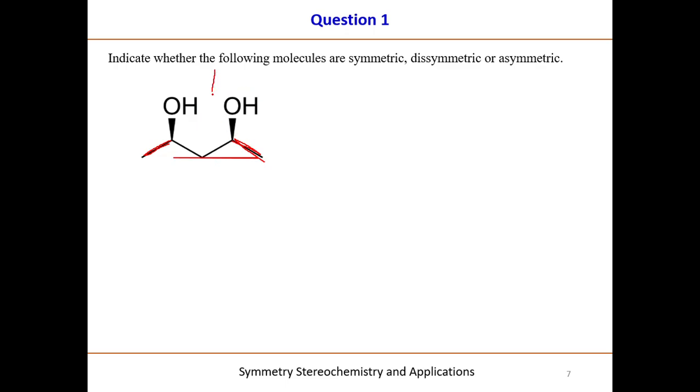If we see the molecule from this side, then we can see these two OH groups are on wedge. That means they are on the left side, or we can simply draw it here. We do not need to rotate the molecule by the carbon-carbon bond, because both the methyl groups are going in the same direction.